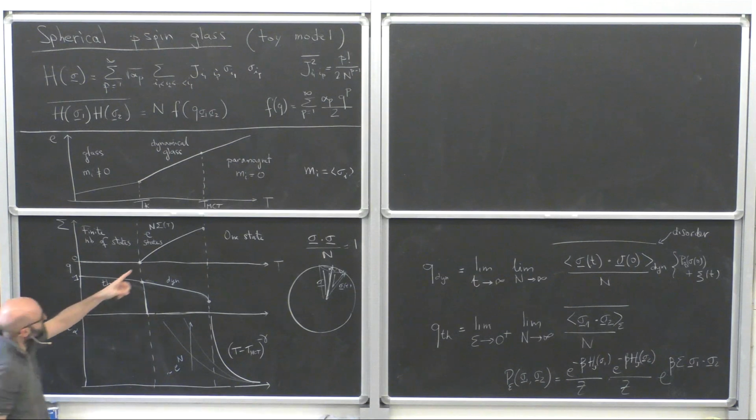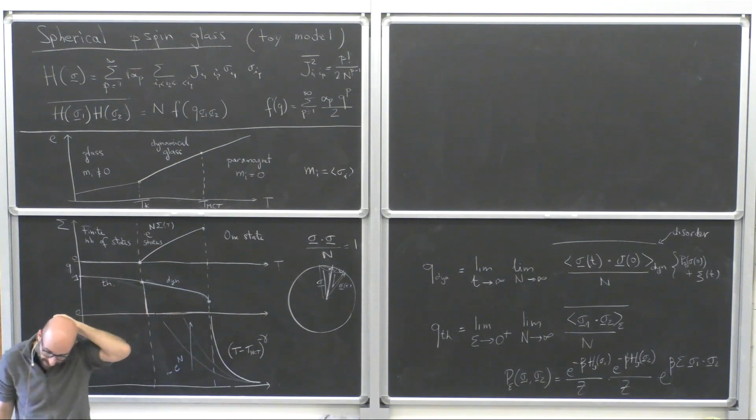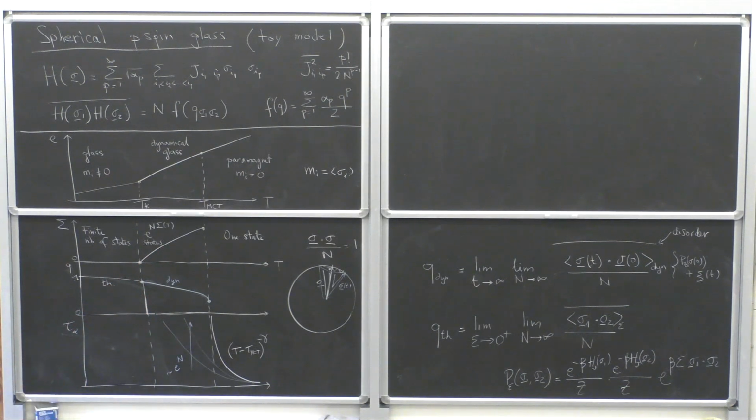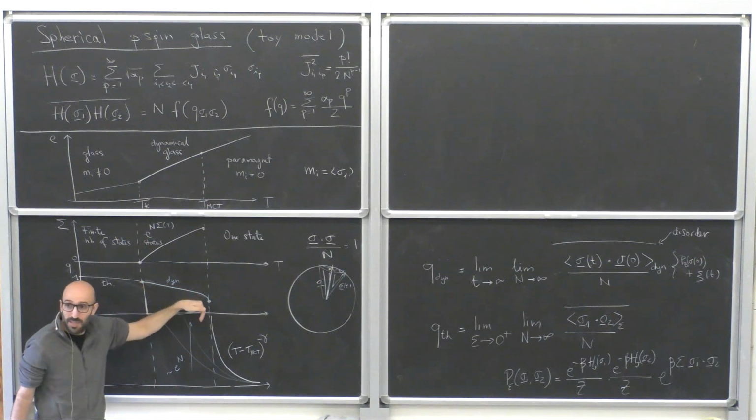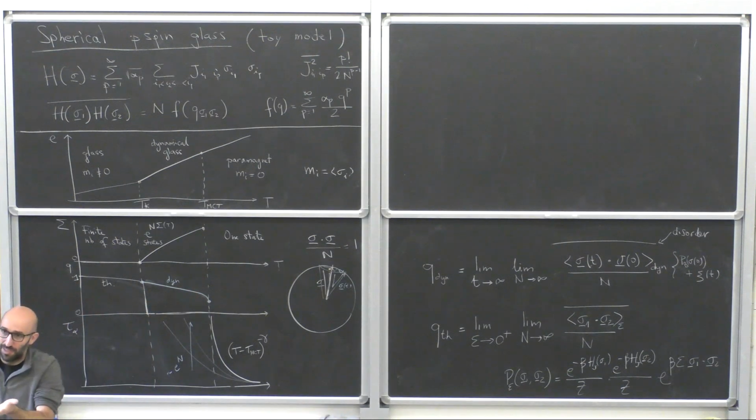The MCT is much more complicated because the MCT transition is like a spinodal point. It is a point where these states become unstable. Now, a spinodal point, as soon as you go to finite dimensions, is unstable.